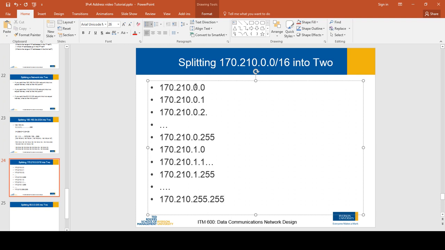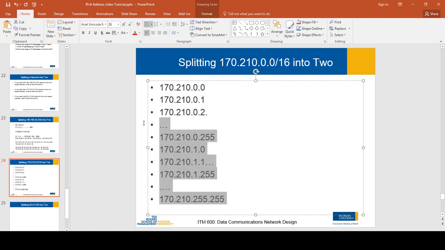Now look here, how many IP addresses are there? We have 256 IP addresses for 0 in the third octet, again 256 IP addresses for 1 in the third octet, and 256 IP addresses for 2 in the third octet. And if you keep going, you have 256 different values on the third octet, and for each of these values you have 256 values on the fourth octet.